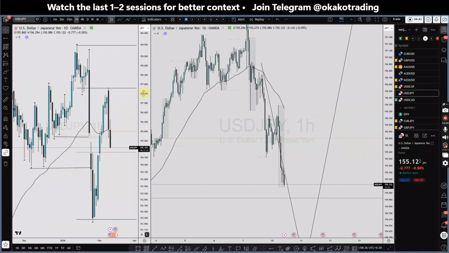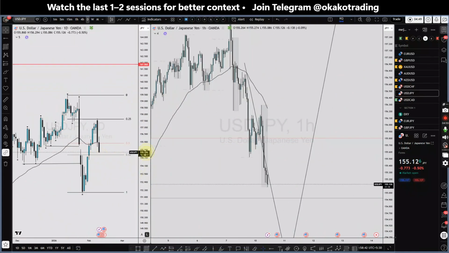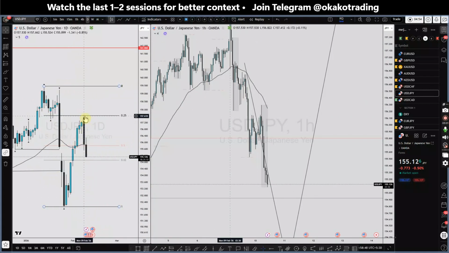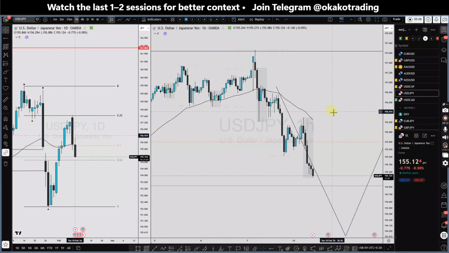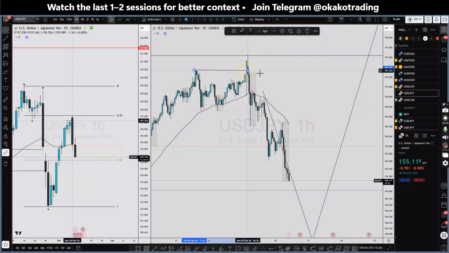Okay, USD JPY. I was looking for longs, but right now the daily time frame is just trading below the 50 EMA. So I'm just considering this breakout structure bearish one. We're dropping strongly from this OTE level, and right now we are just about to go below 38.2. Where is the last sweep of liquidity? We have this one.